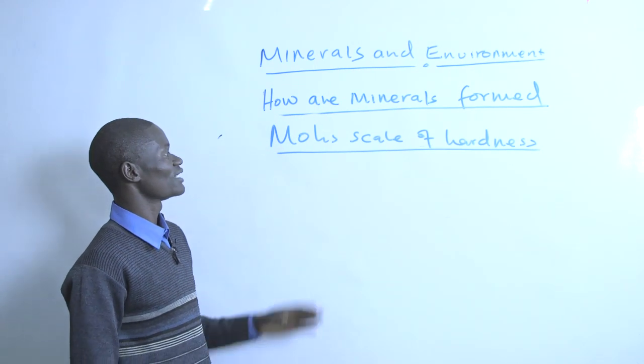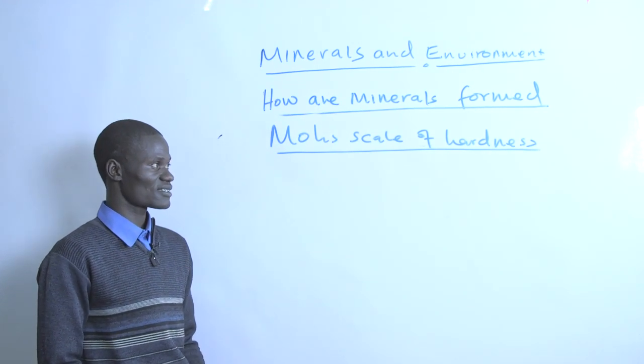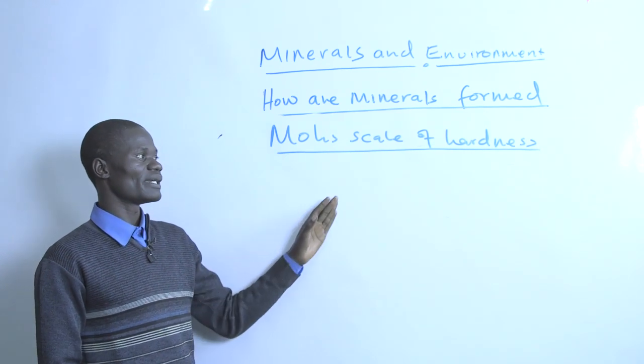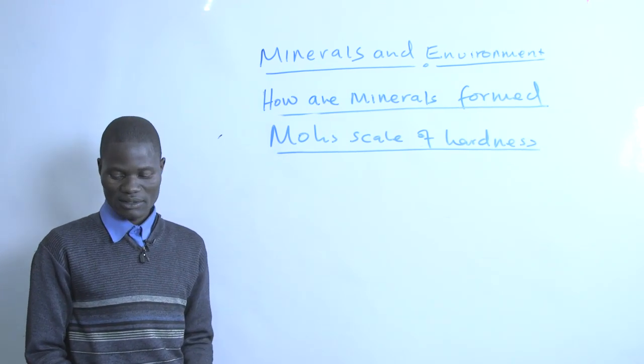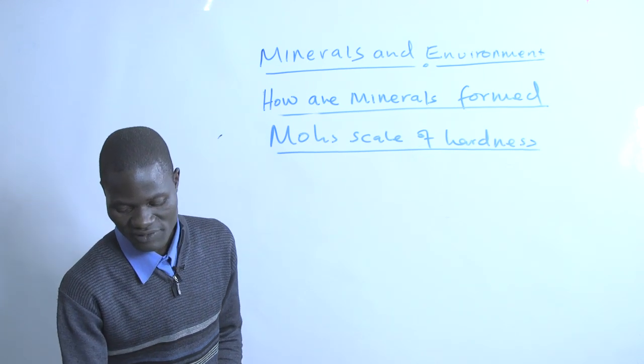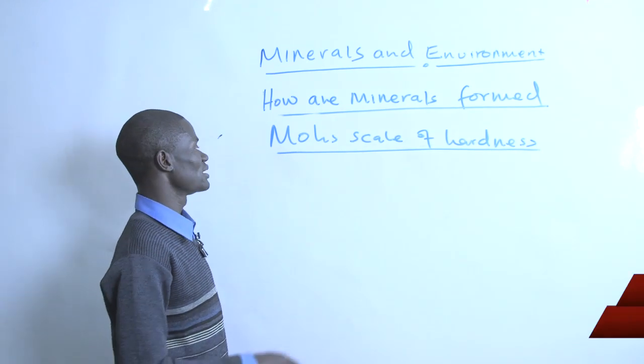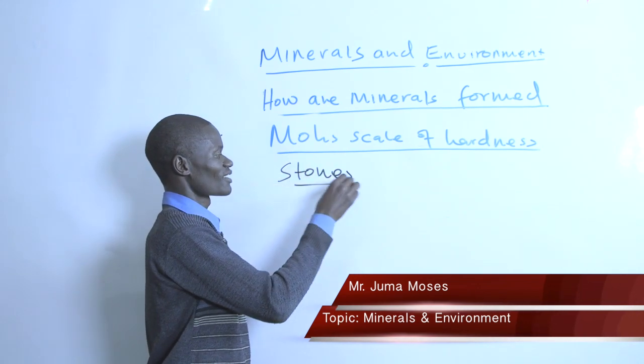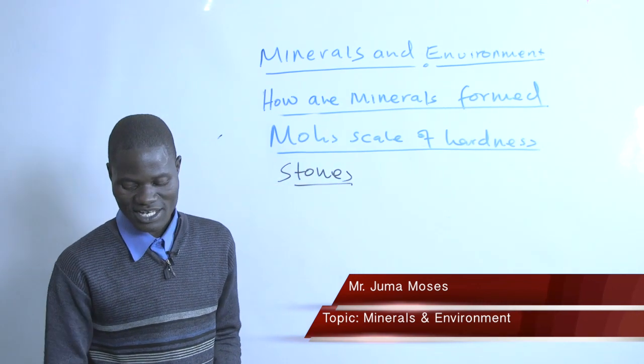We'll look at the Mohs scale of hardness, and as we place more minerals depending on the different degrees of hardness and surface durability, especially of the stones. In the next lesson, as we meet.